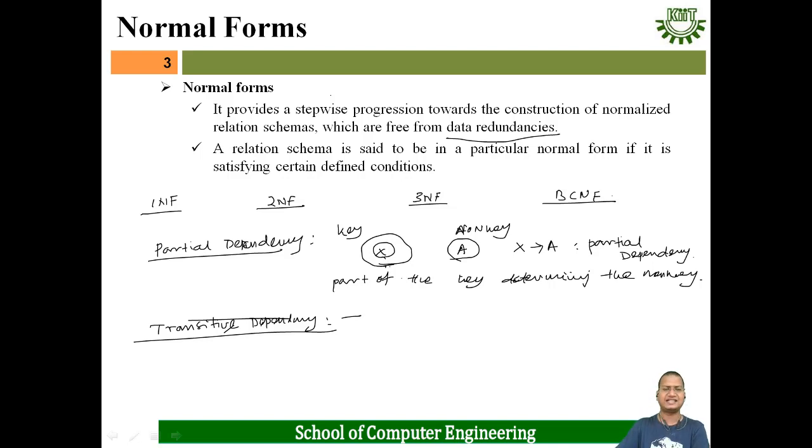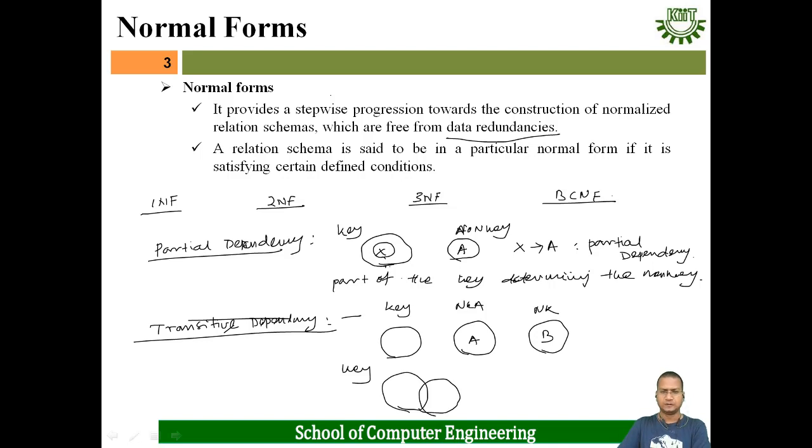Then we will see now transitive dependency. Suppose this is the whole key set, and this is a non-key attribute A, and another non-key attribute is B. Suppose here A determining B is a transitive dependency.